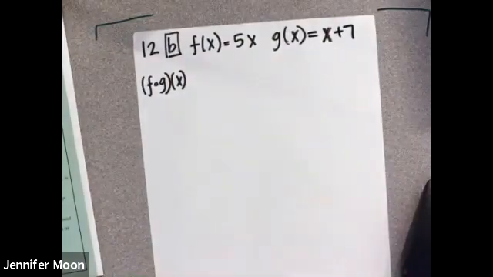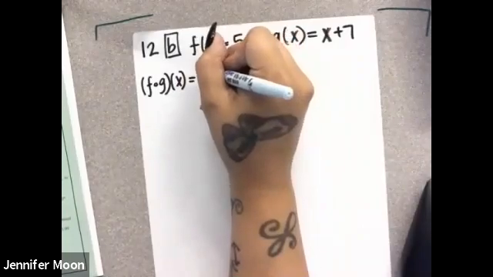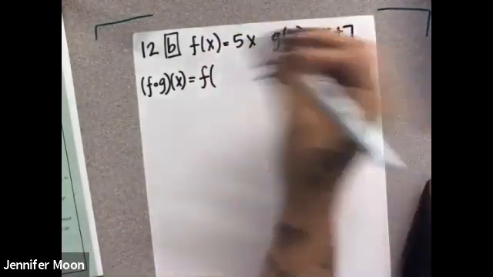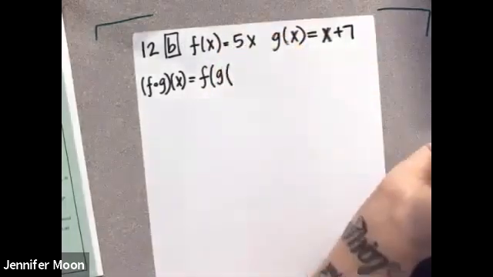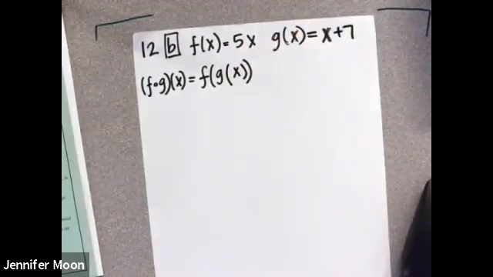That is saying f of g of x. What I told y'all to do is when you say the word "of," open a parenthesis. So this is better written and easier to understand to solve if you do f of g of x.